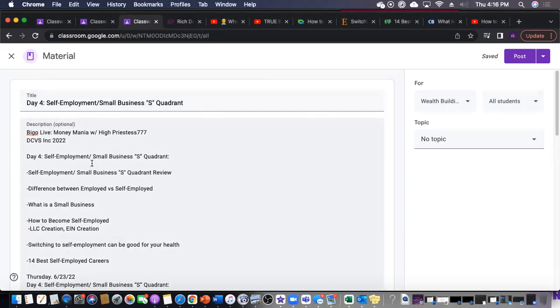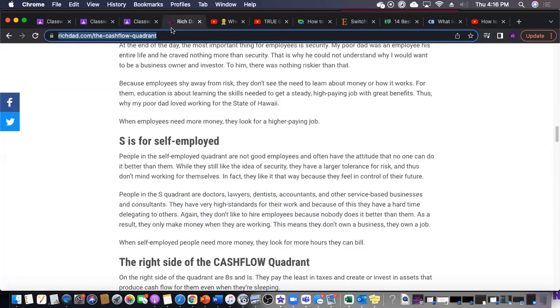The first thing we're going to do is a quick review. The people in the self-employed quadrant really do not make good employees, because they're kind of rebellious. They want to do things themselves, how they want and the way they want.